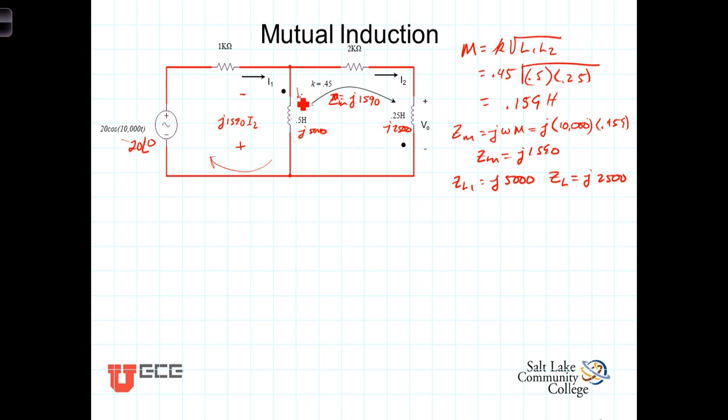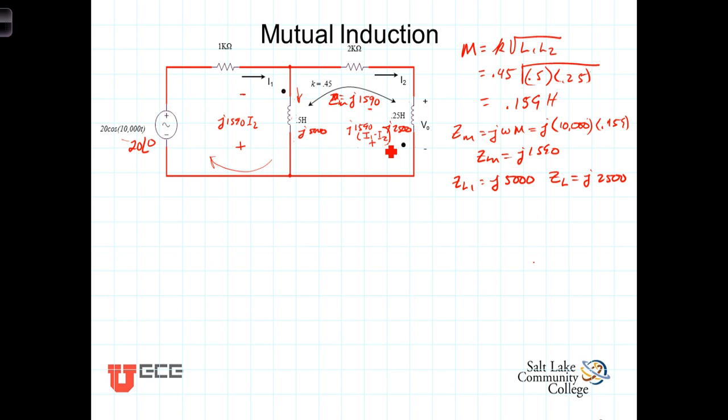So the current in this coil, I1 minus I2, is entering the dotted node. Therefore, over on this coil, the voltage that's due to the current in this coil will be referenced positive at the dotted terminal, and we'll have a voltage like that, which is going to equal j1590 times the current through this coil, which we said was I1 minus I2.